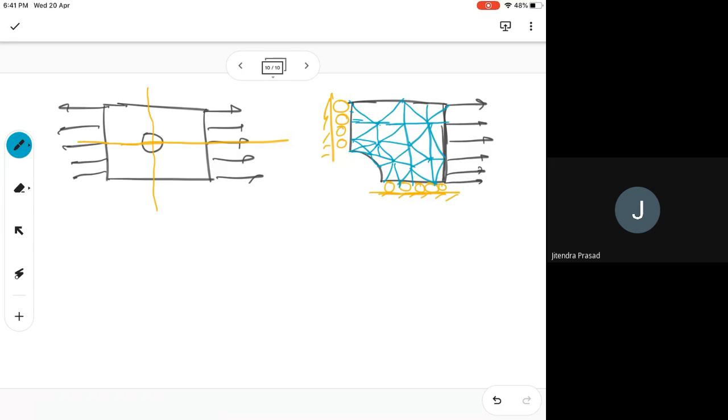Yeah, so the more refined it is here, the better the result you get, because the stresses here will be high, so you need to capture them. Yeah, so this is more like a trick, basically, when you do analysis, how to analyze the minimum structure.